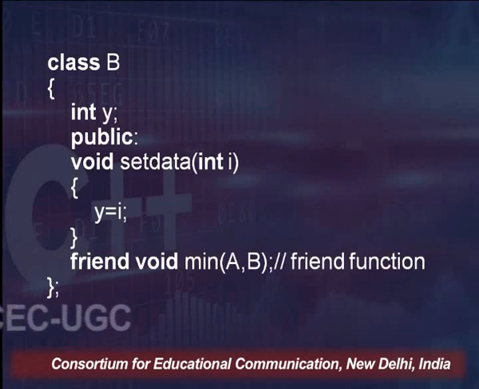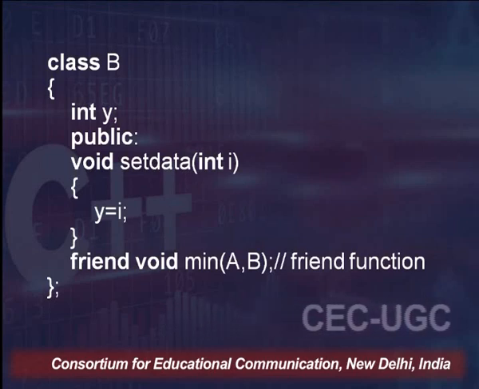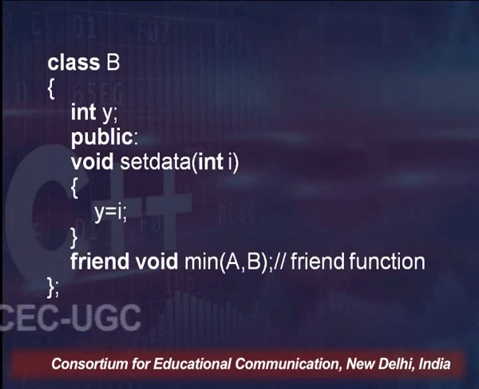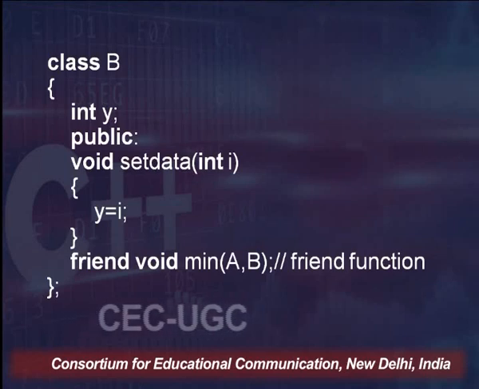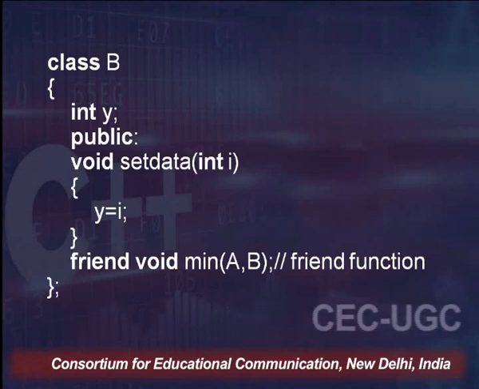Again, here we have also declared that friend function. Now, that friend function is using objects from two classes, so we need to declare that friend function within both these classes. So, here also I have written friend void min A comma B.